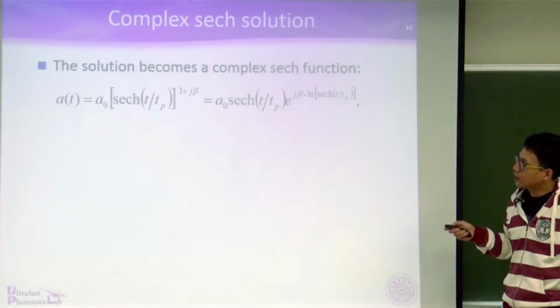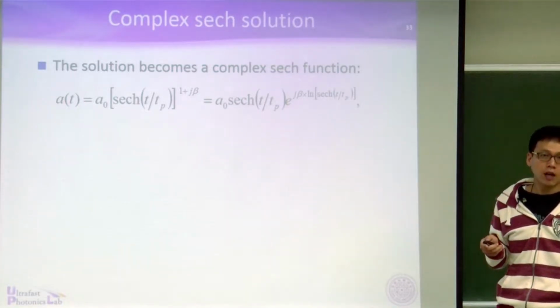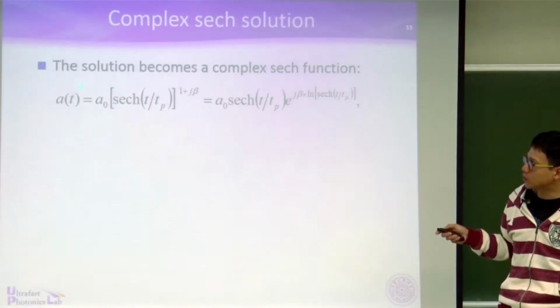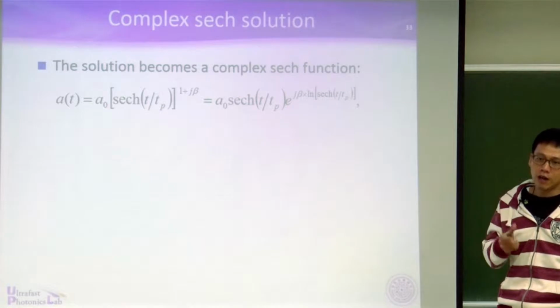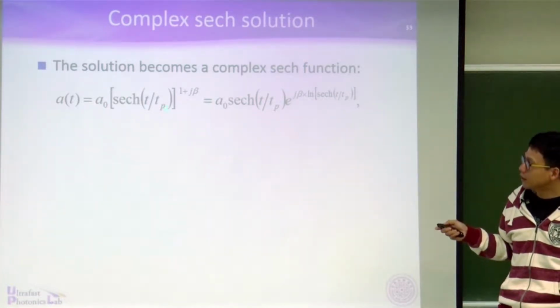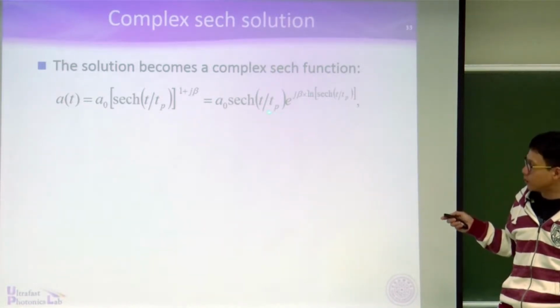So this is true, and actually you can try to calculate the corresponding amplitude and the phase of this function, okay? Because this is not a standard envelope and phase representation. A sech function to the power of 1 plus j beta is not standard form. But this is standard form.